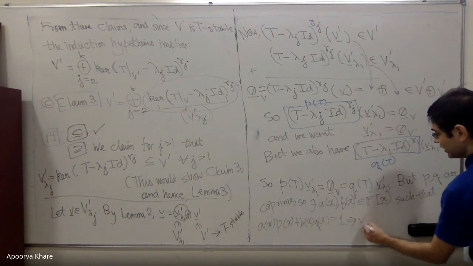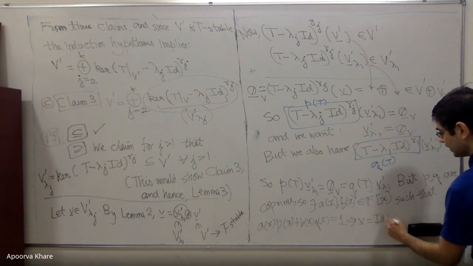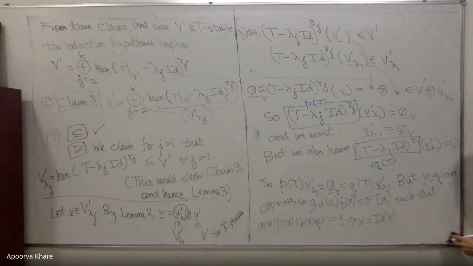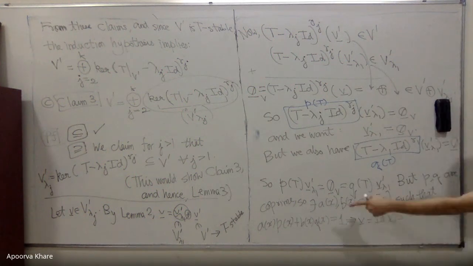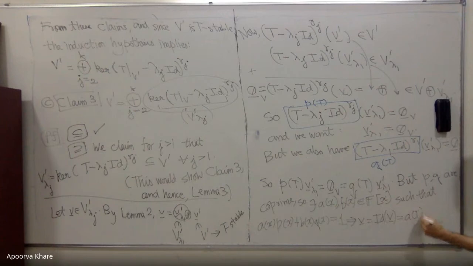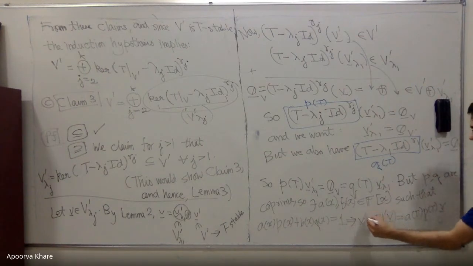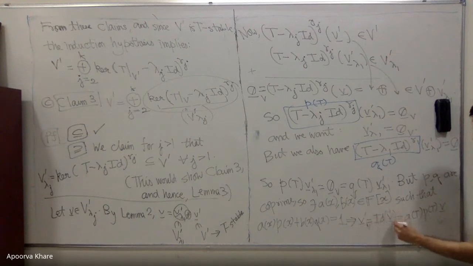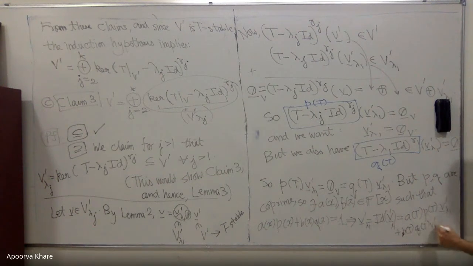Now apply that to this vector here, and we get that v prime lambda 1 is the identity times v prime lambda 1, which by that equation equals a of t, p of t, v prime lambda 1 plus b of t, q of t, v prime lambda 1.